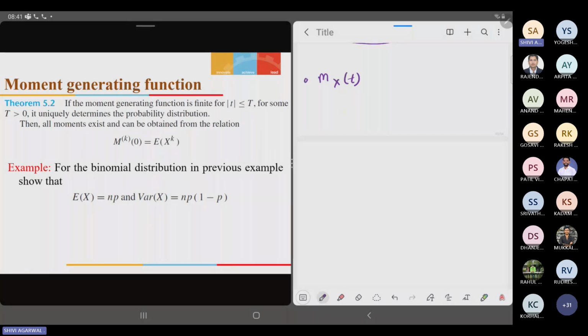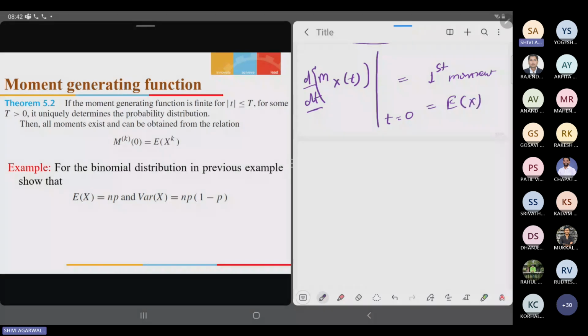What we do is differentiate it with respect to t, and after that put t equal to 0. First differentiation gives the first moment, and this first moment is what? The expected value of X.